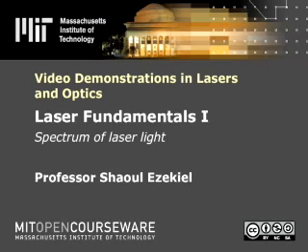So now let's look at this demonstration on the spectrum of laser light. For example, is the spectrum a single frequency, or is it multiple frequency, or what have you?